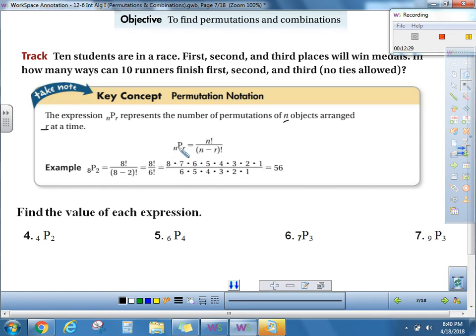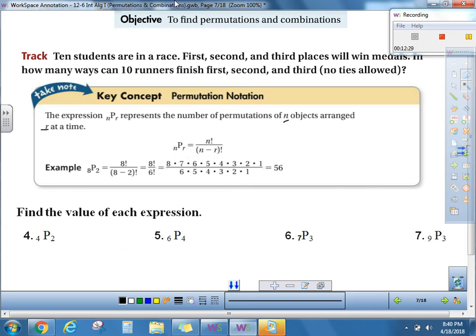You'll never have n smaller than r. For example, here we have 8, and we're arranging 2 at a time. We could never have 2 things and arrange 8 at a time. There wouldn't be enough to pick from. So this nPr equals n factorial over n minus r, that whole quantity after you've subtracted, factorial.